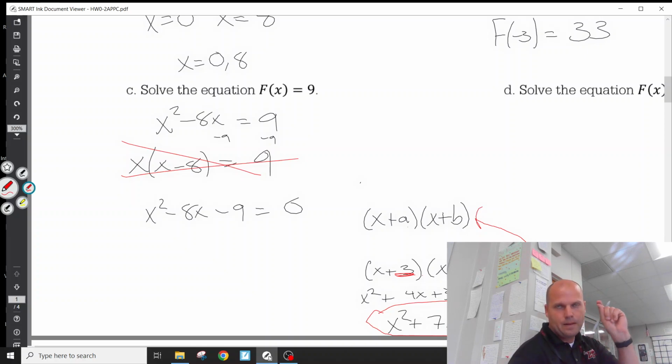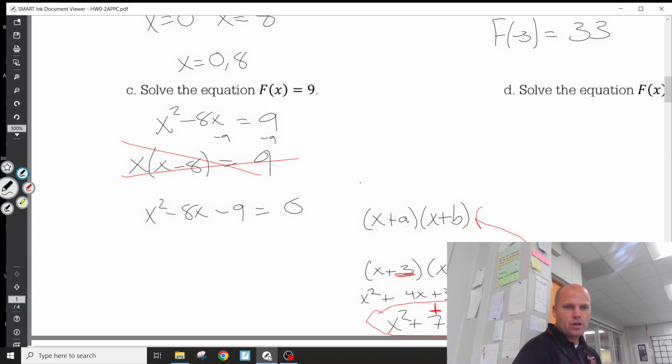I know that x plus a times x plus b turns into an x squared plus a number x plus a number. Second thing I realize is that my two numbers in the binomial, this 3 and this 4, add to get the middle term because we get the 3x plus the 4x. They multiply to get the last term because you get the 3 times 4.